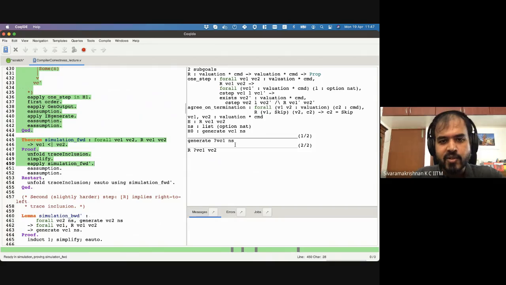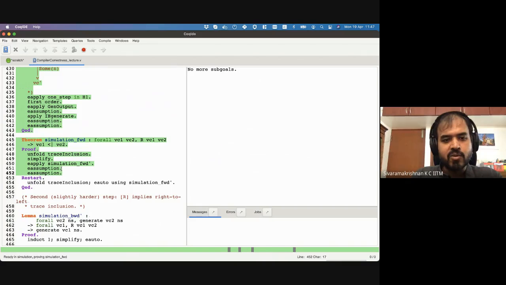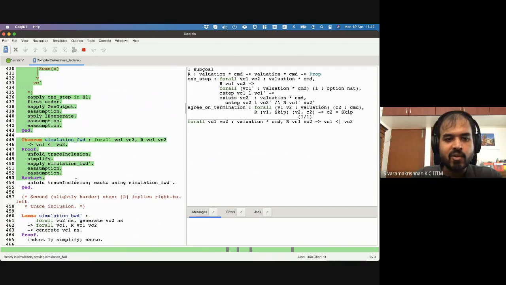So when you apply that, you just get two sub-goals, which are essentially just assumptions, right? That goes through. Of course, you can just unfold trace inclusion and E-auto will make it go through. I can use it using this lemma. I don't know whether we've seen this: you can use E-auto and then additionally provide certain lemmas that you're using.